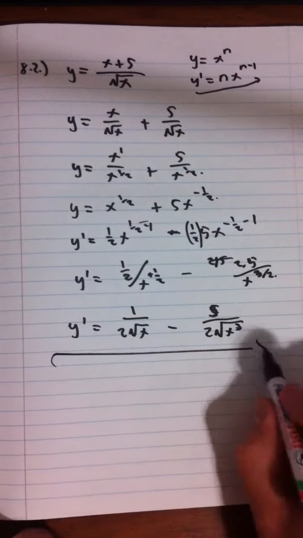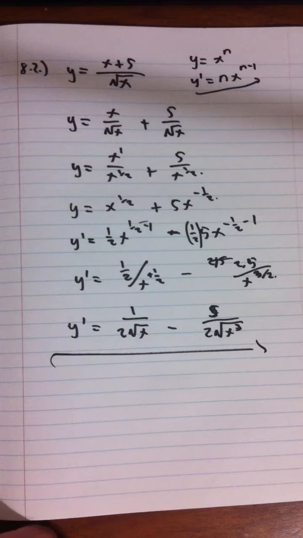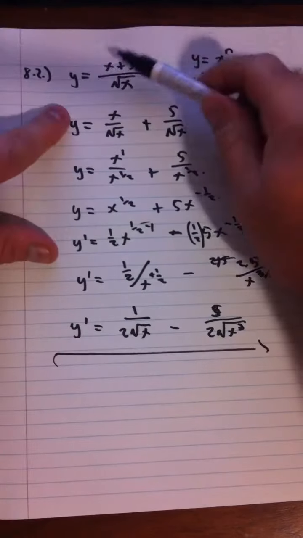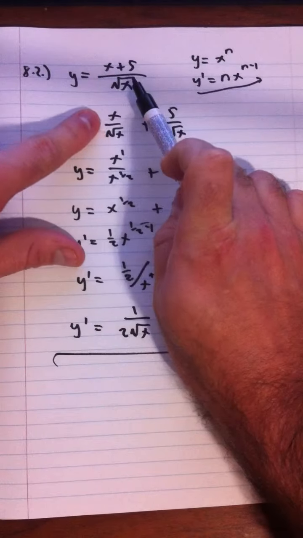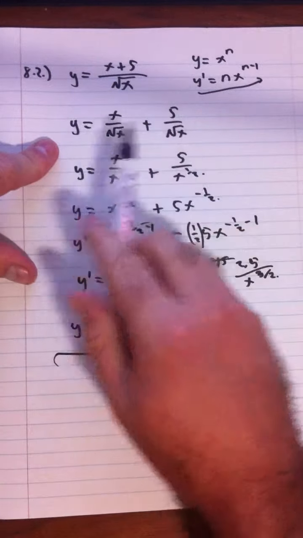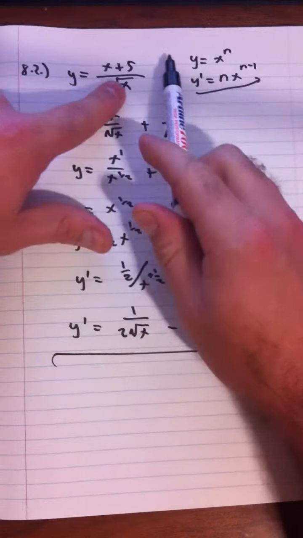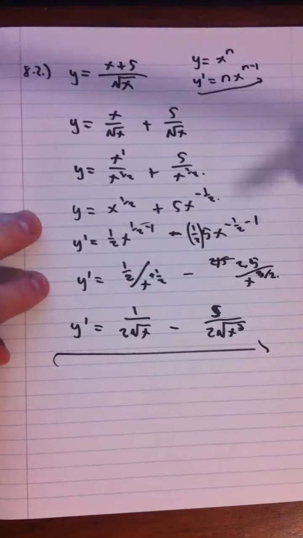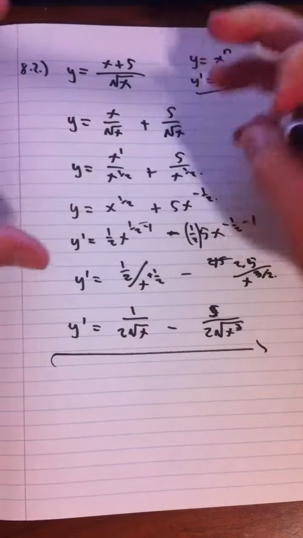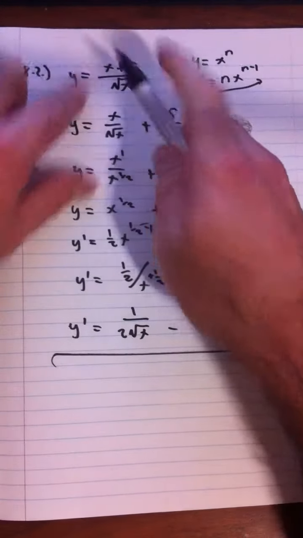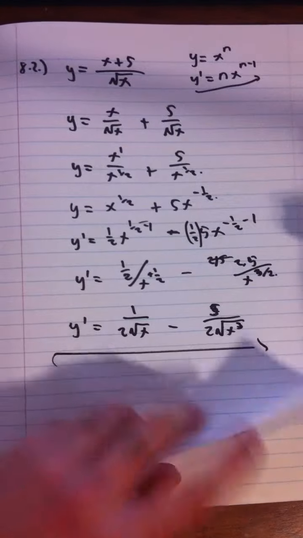And that is your derivative, your answer. Okay, so the important thing here is to know how to first rewrite that. Easiest way for me, I think, is to split it up into two parts like this. You could also just take the whole square root of x to the top and multiply it into the bracket of x plus 5.